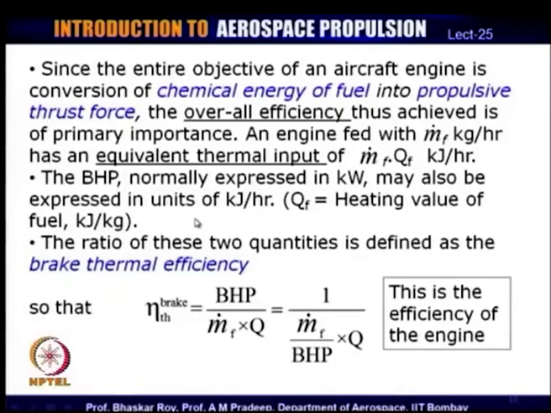This is a characteristic of the fuel. This is the chemical energy that is expected to be contained within the fuel. It will vary from one fuel to another quite substantially, and hence you need to choose your fuel very carefully. You need to choose a fuel that has a good heating value, and quite often many other characteristics of the fuel are also taken care of in choosing the fuel, but probably the first thing that makes for the choice of the fuel is the heating value.